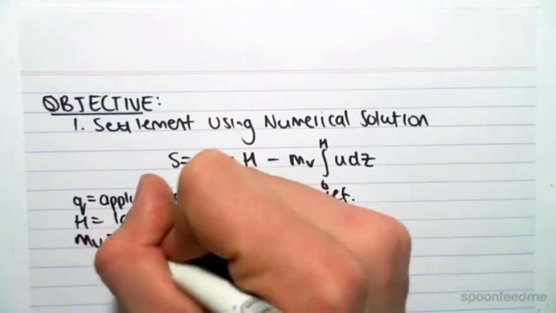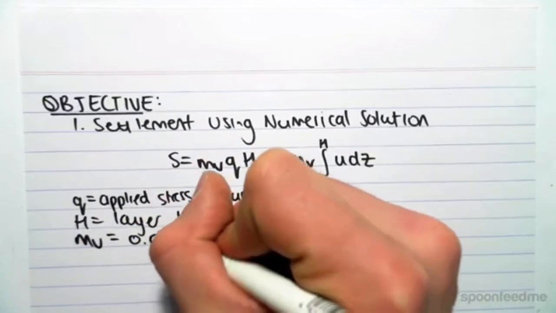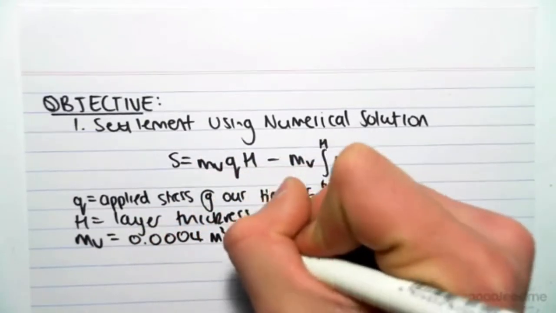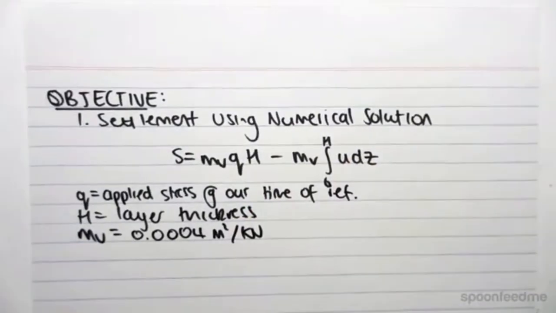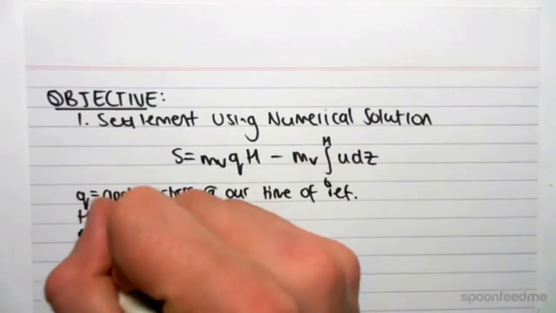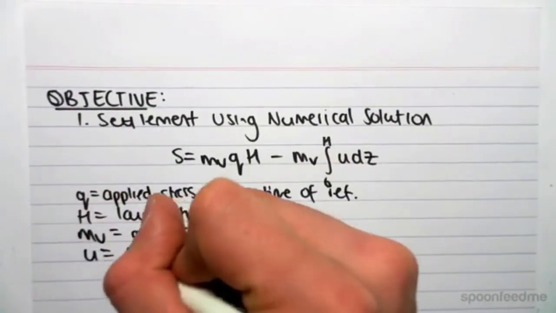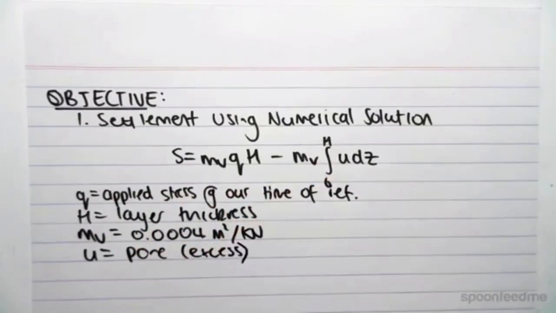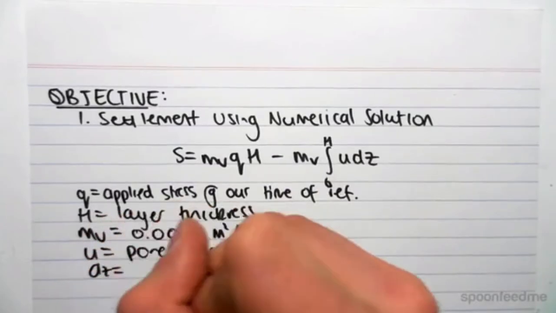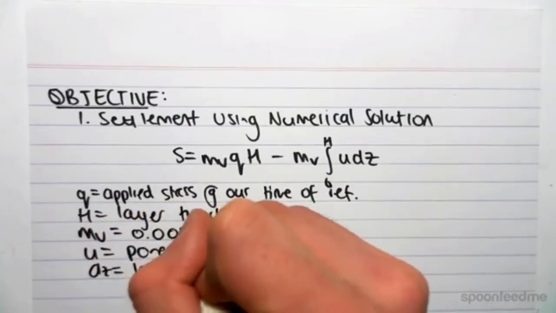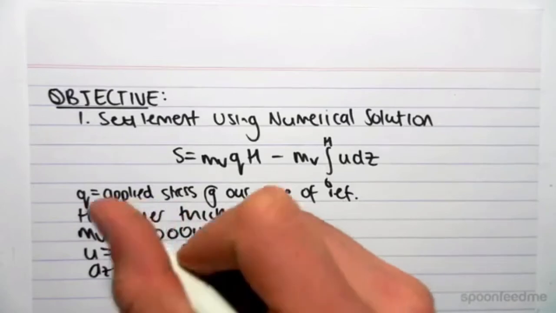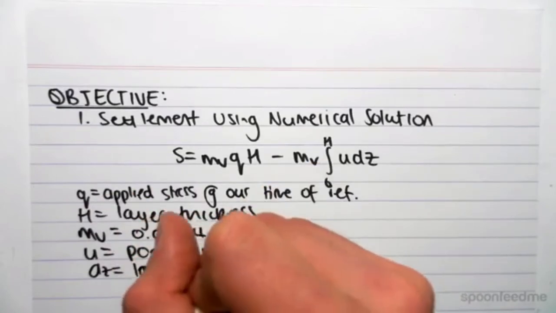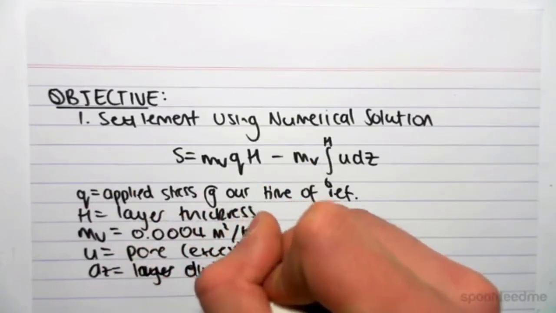For our case, m_v will be 0.0004 meters squared per kilonewton. u is the excess pore water pressure, and dz is the subdivision of the layer. So not layer thickness, because that's what we define with H. It's the divided layer thickness.